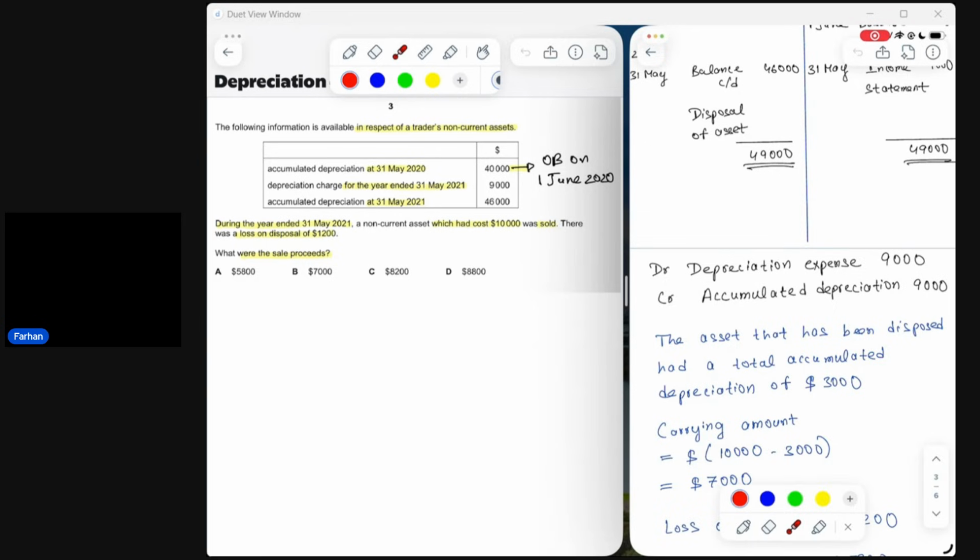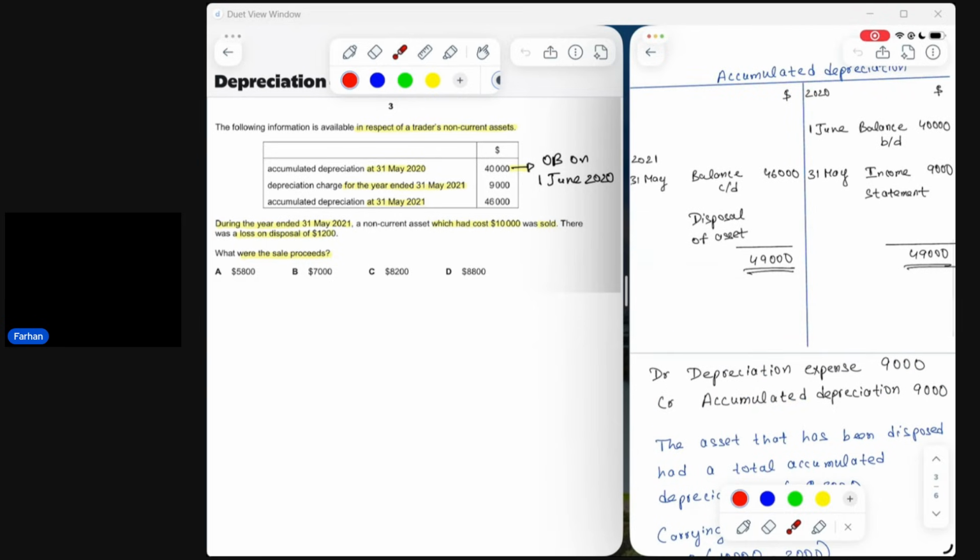So based on this journal entry, the accumulated depreciation account is credited, which means on the credit side of the accumulated depreciation ledger account for the year ending 31 May 2021, we are recording $9,000. The cross-reference in this case is income statement, obviously because the depreciation expense of $9,000 is the amount to be shown in the income statement under the expenses section.